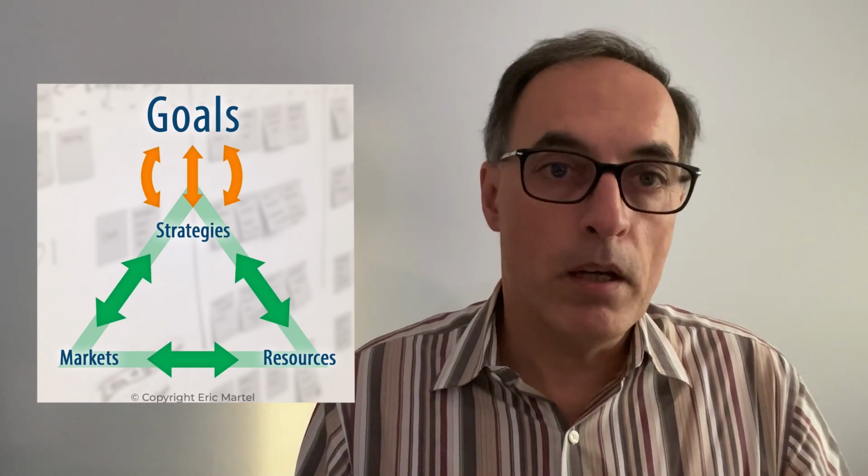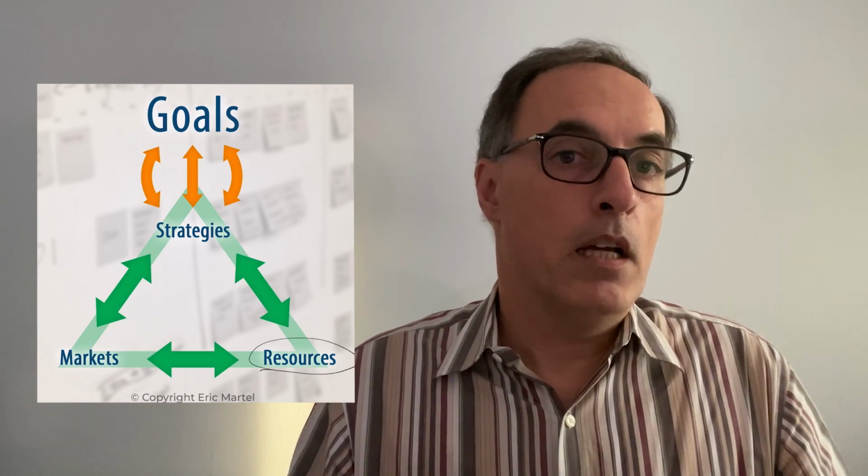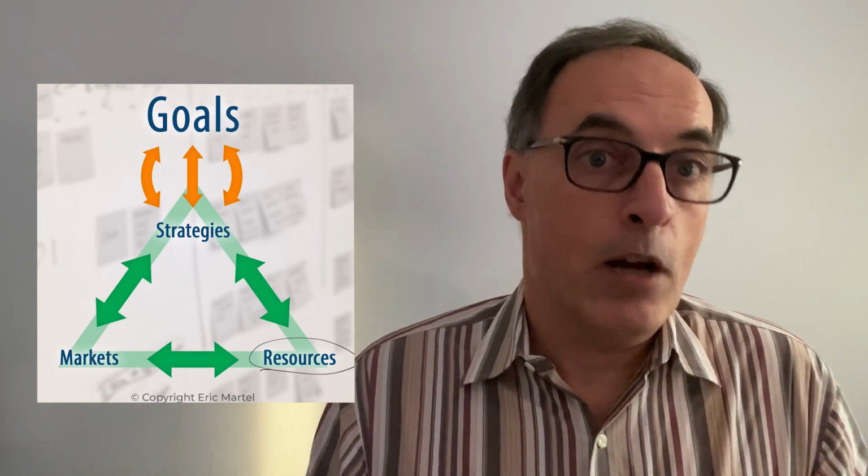So if we go back to the strategy tool that I introduced in a previous episode, you basically end up with the strategy triangle: the strategy, market, and resources. And that piece of property fits where? Well, it fits in the resources because it has equity, and it's also providing some cash flow, hopefully positive cash flow.